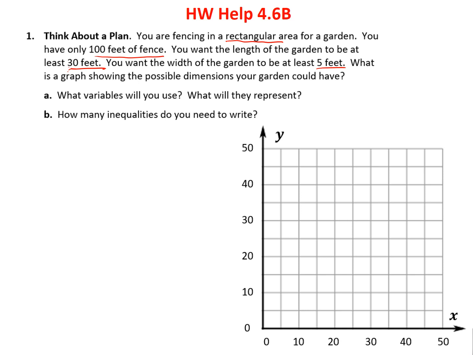Well, first of all, remember we're dealing with a rectangle. So that means I have a rectangular garden, which means I'm going to have a length and a width. All right? And it's going to be 100 feet. I have a length and a width. Well, that's going to be my two variables.